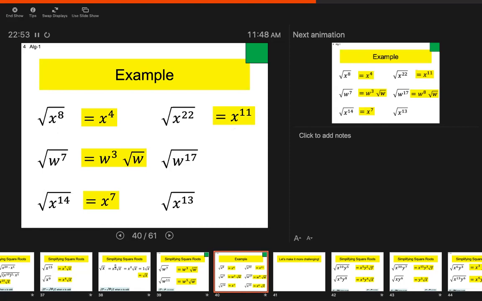Subtract 1, then take half. Okay, so it would be 16, and half of 16 is... What times 2 is 16? 8. There you go. And remember, for the odd ones, you're left with that square root inside.